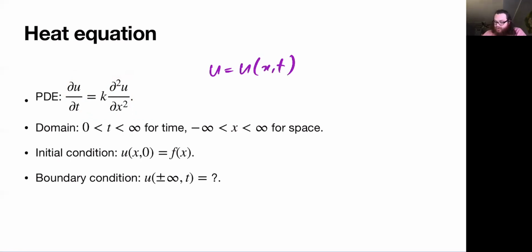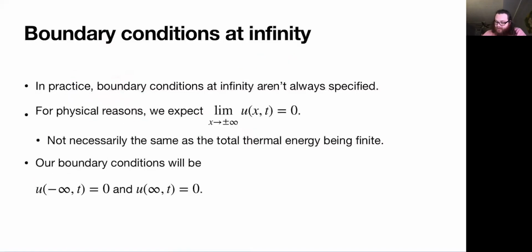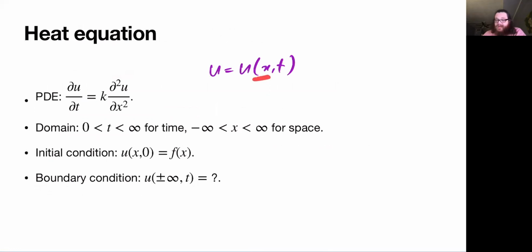Previously, space was between 0 and L, and time started at 0 and went off forever. Here, time can still go off to infinity, so the interval for time is 0 to infinity. But now space we're letting be from negative infinity up to infinity. This is what we mean when we say an infinite interval.